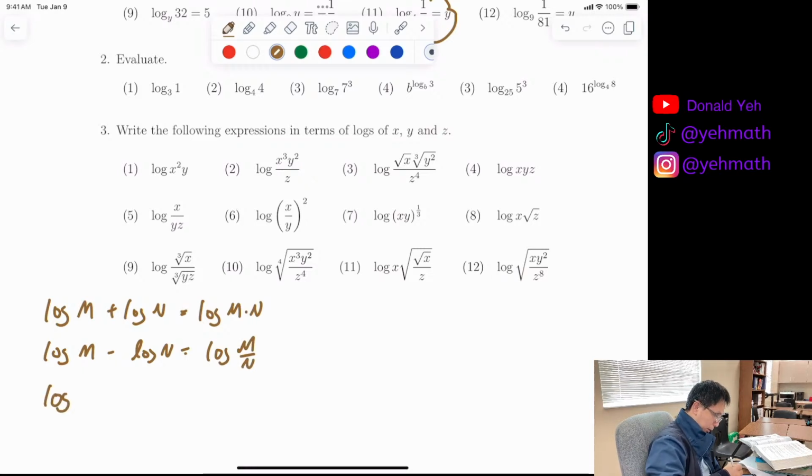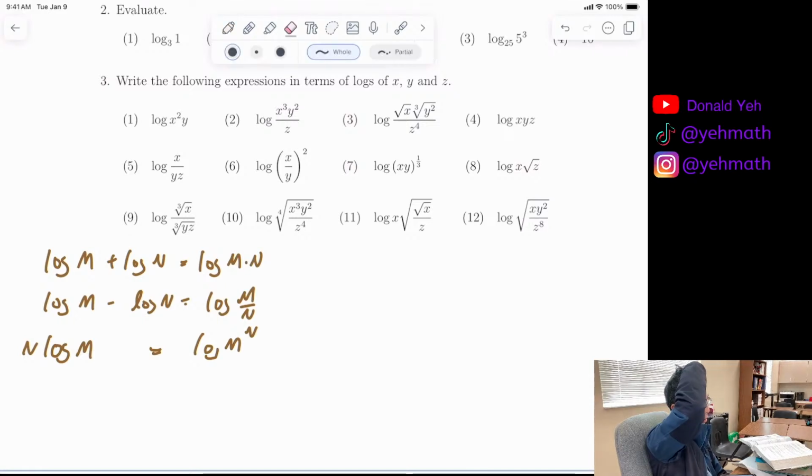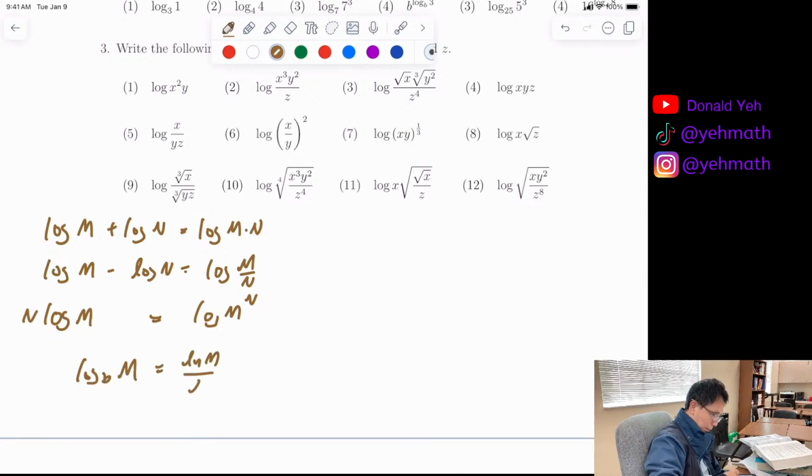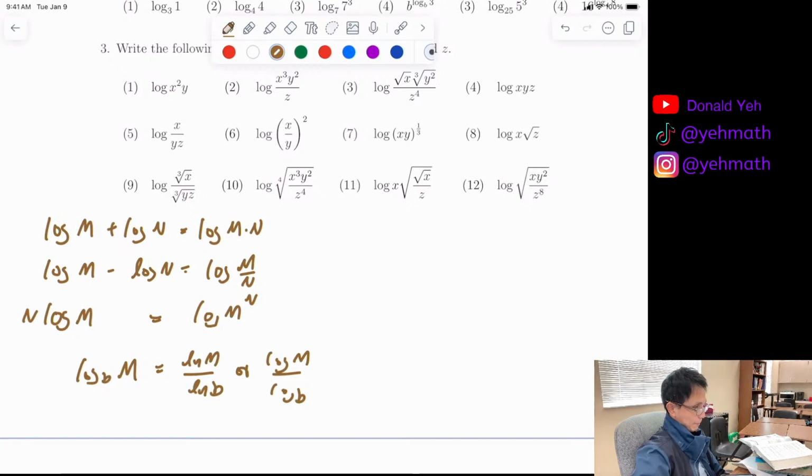Log of m to the n power is equal to n times log of m. Those are the 3 rules you need to know. For pre-calc, they know this rule: log base b of m is equal to natural log of m over natural log of b, or log of m over log of b. You should know basic rules like this.